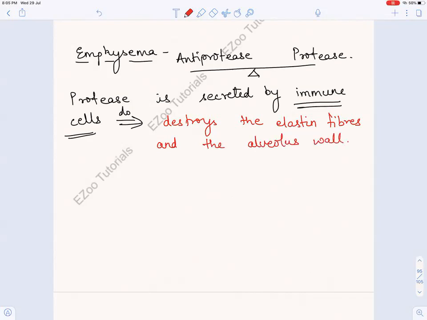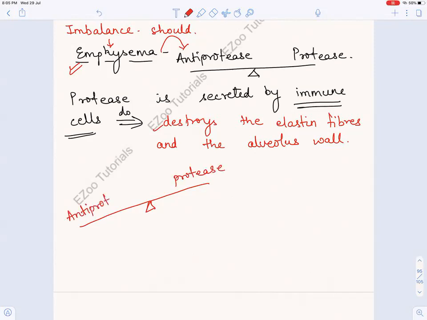We'll see this with a diagram also, how it is destroying. But till now you are with me that in emphysema there is an imbalance. It should be a balance, but in emphysema there is an imbalance of antiprotease and protease activity. Protease activity increases in comparison to antiprotease activity, right?